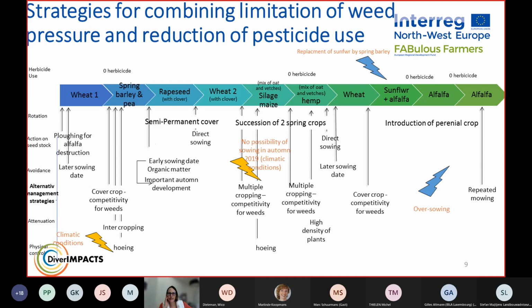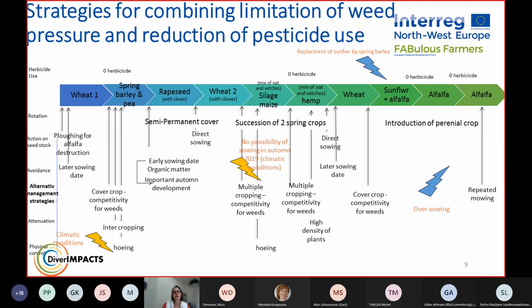But as you can see in this scheme, it's not only strategies at the rotation level which are important to limit the weed pressure.